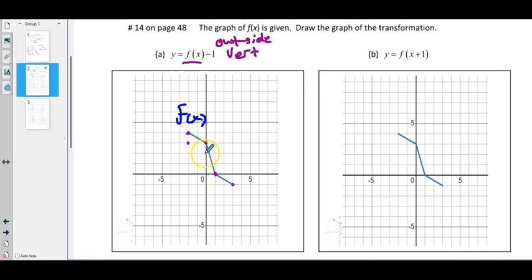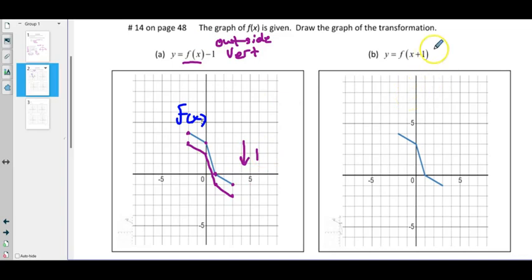I'm going from a height of 3 down to a height of 2. A height of 0, height of -1, -1 to -2. And that's the beauty of this, is that we can actually just connect the dots now. The whole function moved down by 1. It is a vertical shift. Anytime that we have addition or subtraction outside, it will be a shift.